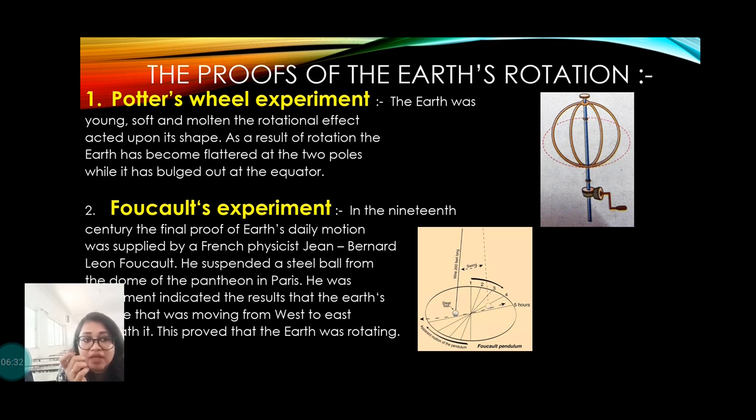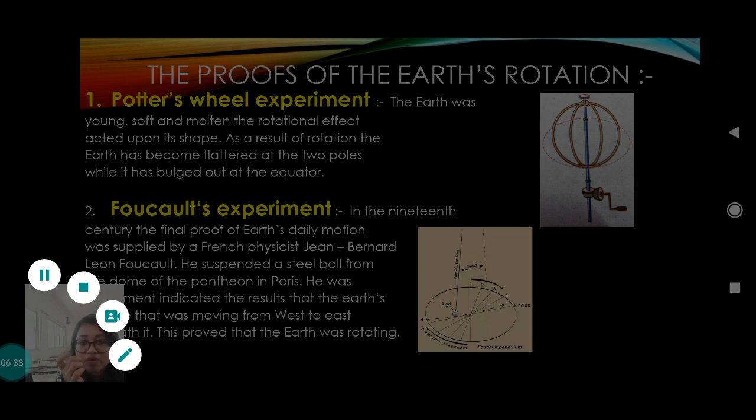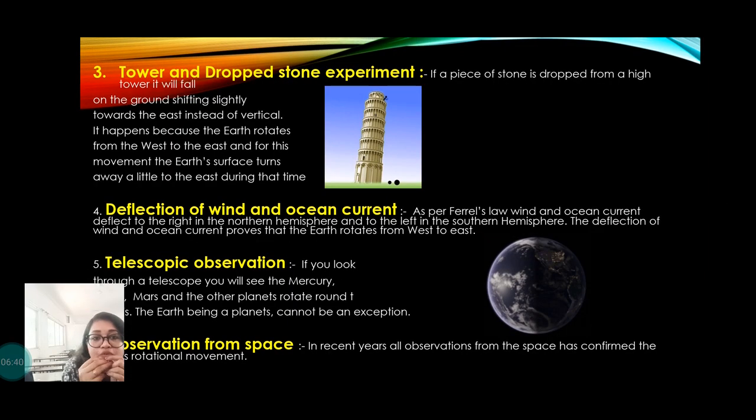So these are the main ones at first. Next we are going to see the next experiment that proves the earth rotates, the tower and drop stone experiment. If you stand on a huge building, you can throw a stone from there. What will happen?